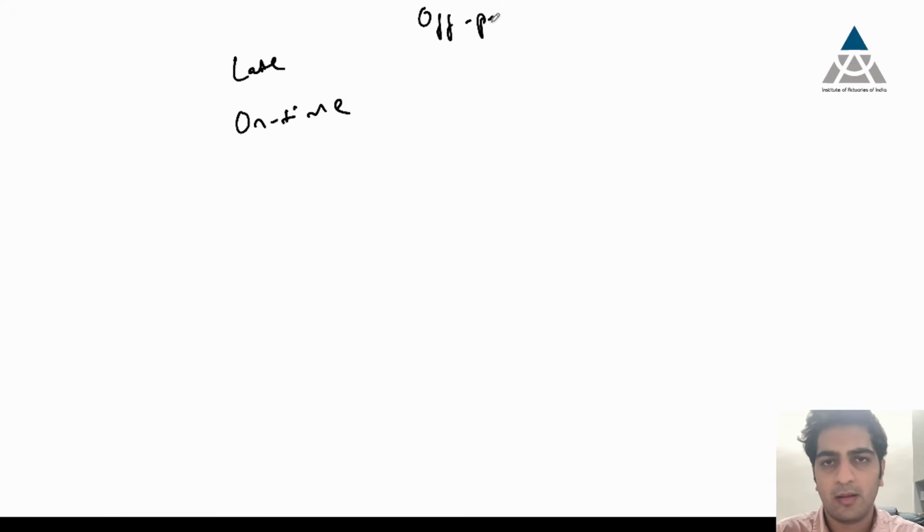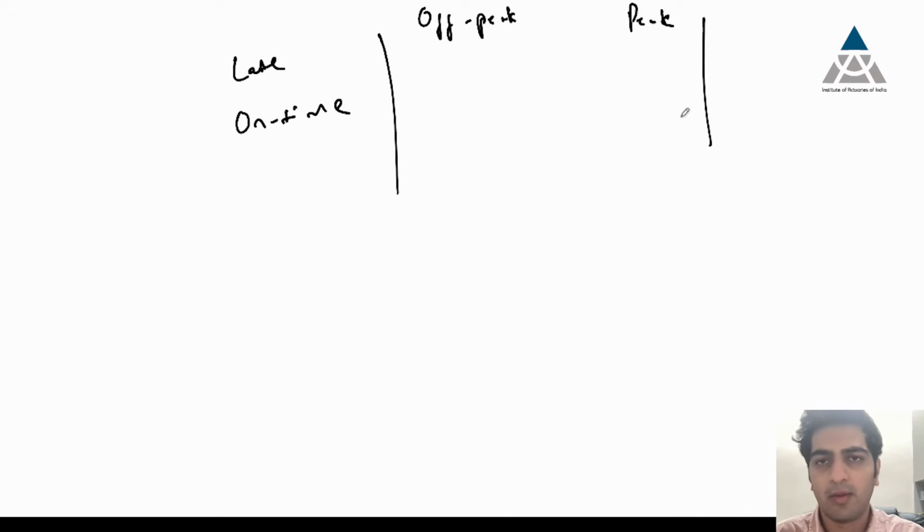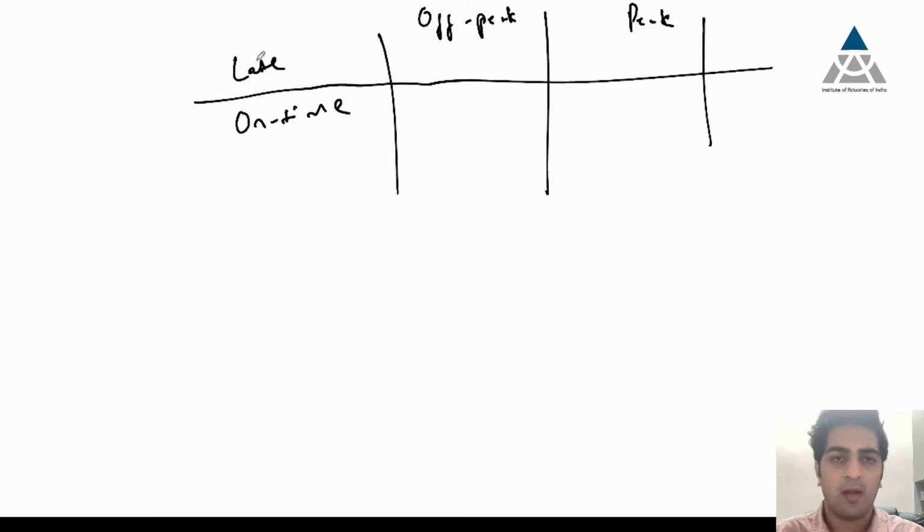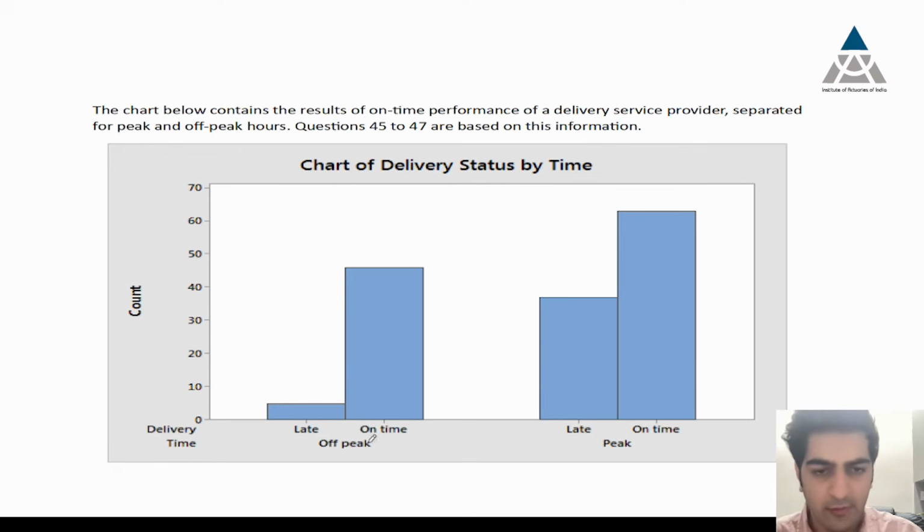Okay, so I'll just write the data here that you have: late, on time, and you have off peak and peak. That's it, right? So let's just give those numbers here. So late, so first off peak, late looks like approximately 5 and on time looks approximately 45.